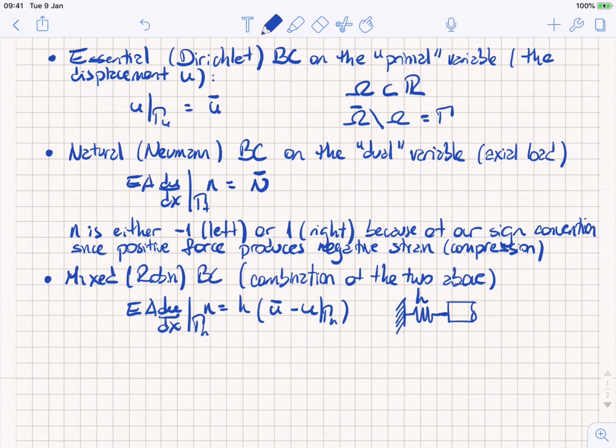If you plug an exact solution into your exact equation, it has to be exactly satisfied everywhere. Otherwise, it's not an exact solution, and you have some sort of residual, which is what we're going to find when we use an approximation method. Any questions at this point?